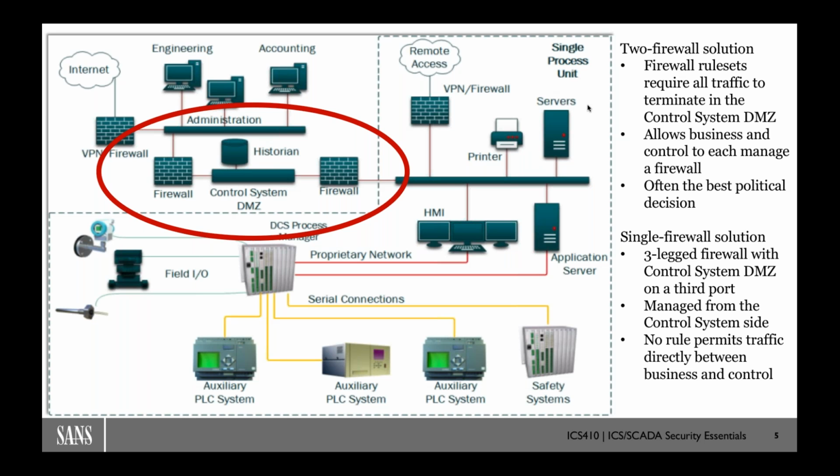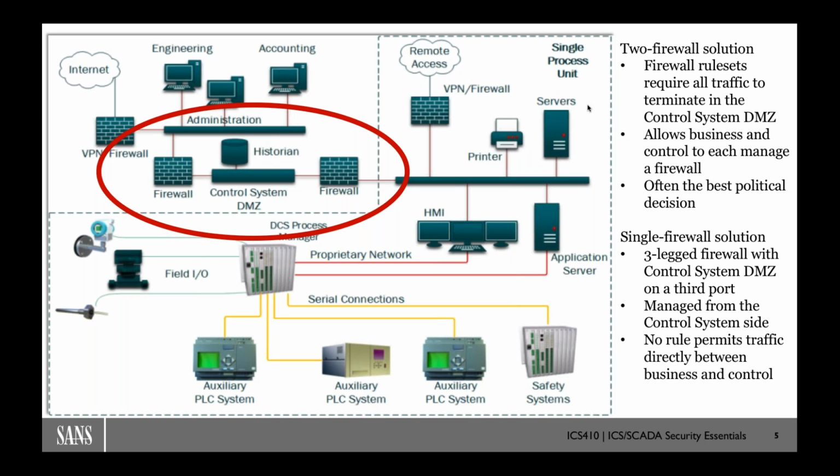That document calls out the need for having some type of firewall or strong perimeter between the business network, which in this diagram is the upper left-hand corner, and the control network, which is the rest of the diagram that's surrounded by the dashed lines.